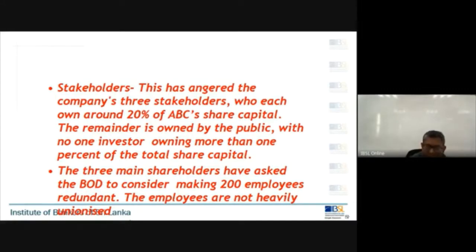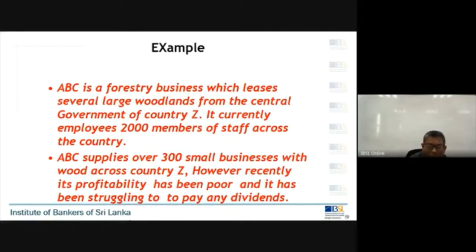Now you see, we have around 2,000 members of staff who provide the output to the small business sector, around 300 people, but due to some problem, the profits have come down.